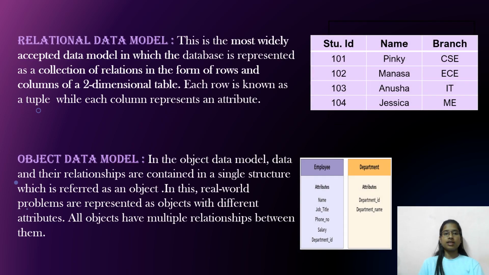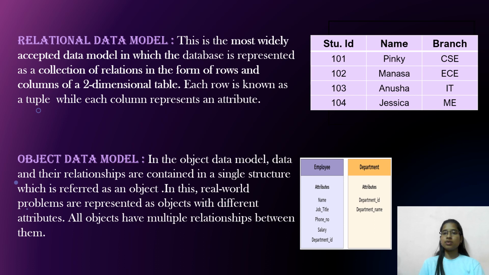And the next is relational data model. So the relational data model is the most widely accepted data model, in which data is formed in the form of columns of a two-dimensional table, in which each row is known as a tuple and each column represents an attribute.